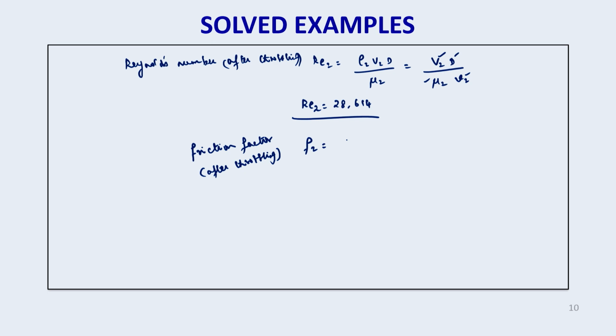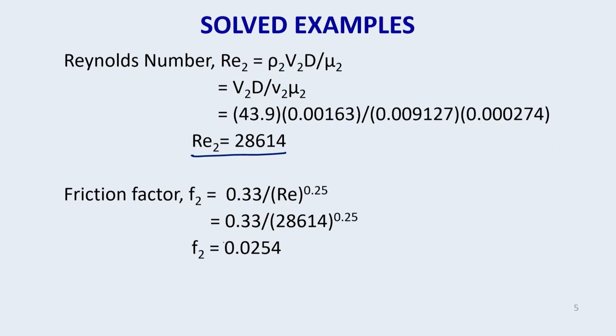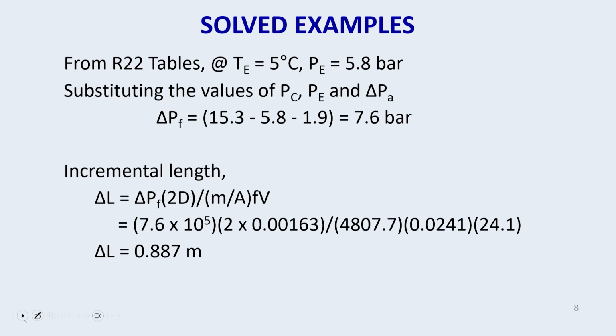Before throttling is F1. So 0.33 divided by Reynolds number after throttling to the power of. The formula is same. Only I will be substituting the Reynolds number after throttling, that value. So we will find out the friction factor, F2, as 0.0254.